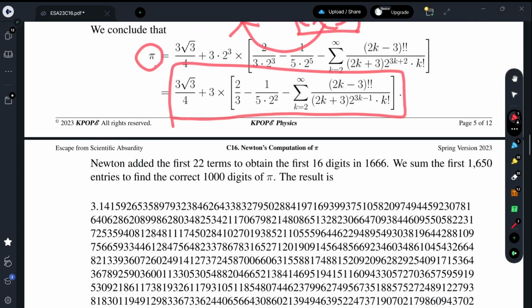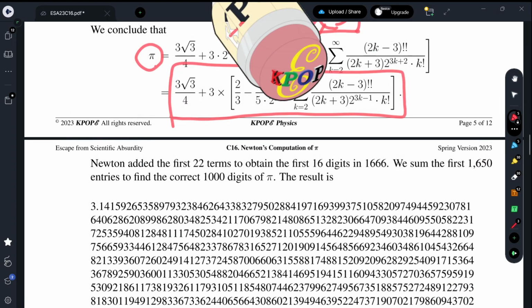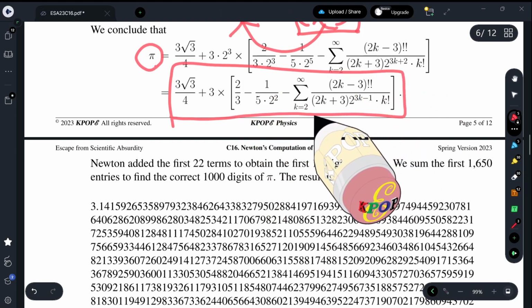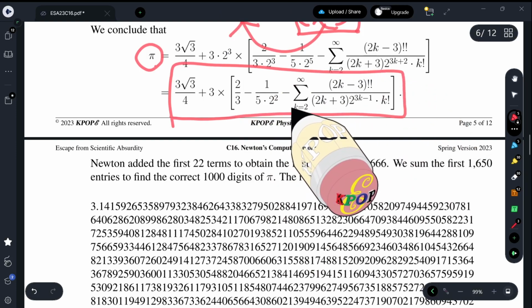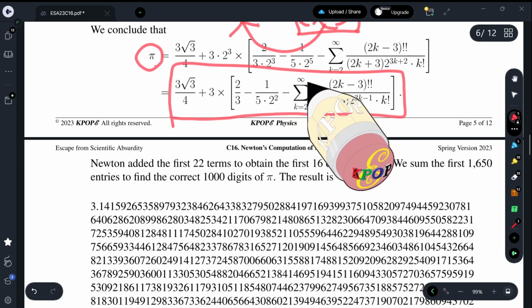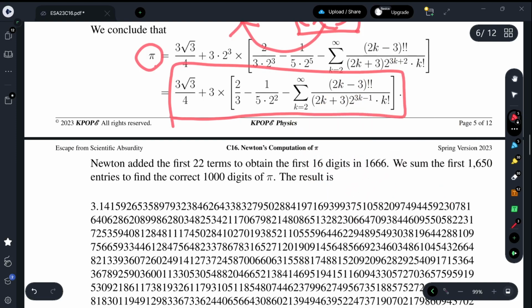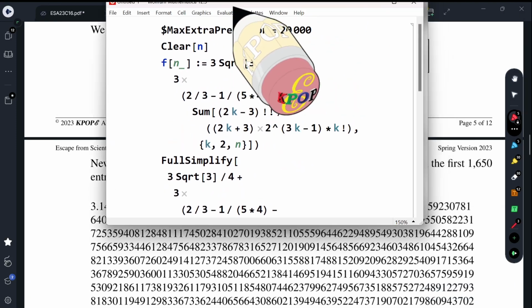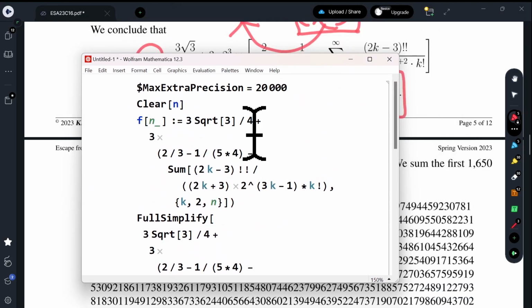That f of n is nothing to do with the f of x. Instead, this is a series summed over k from k equals 2 to a certain number n. That is given in here.